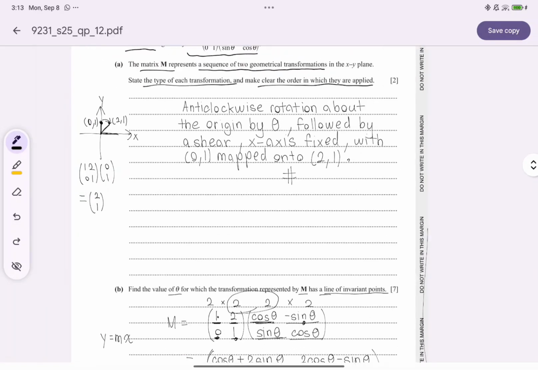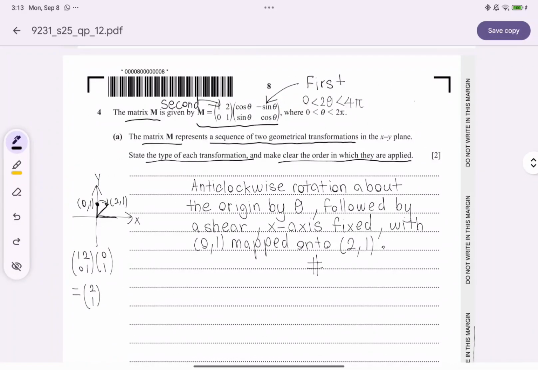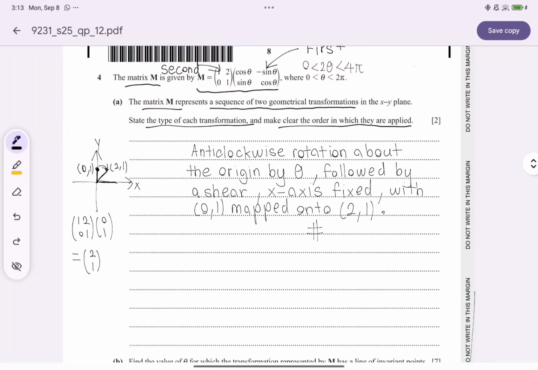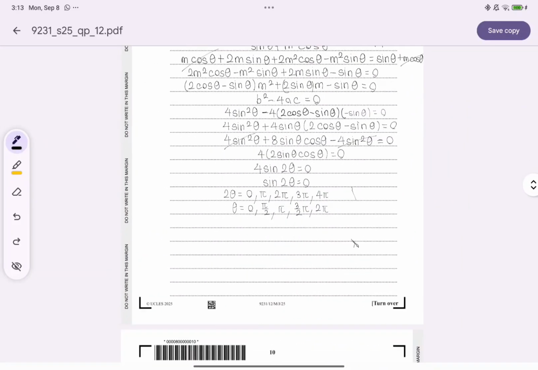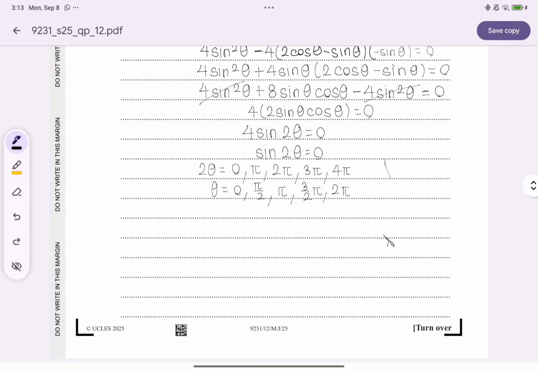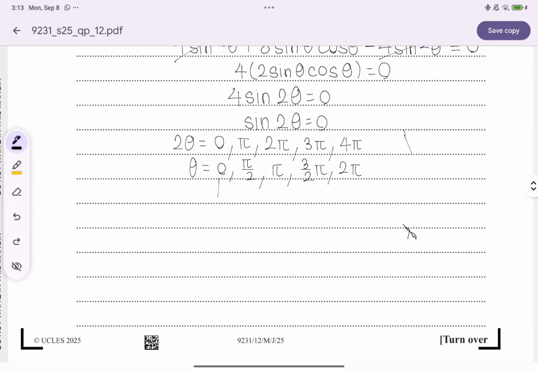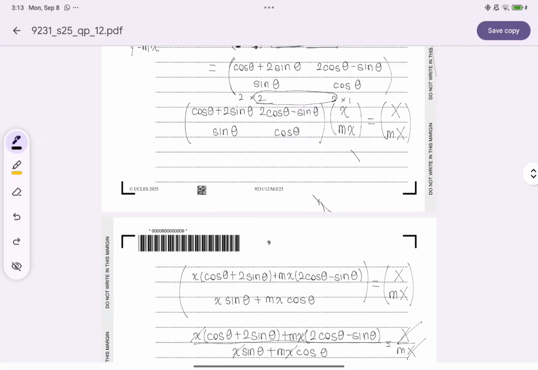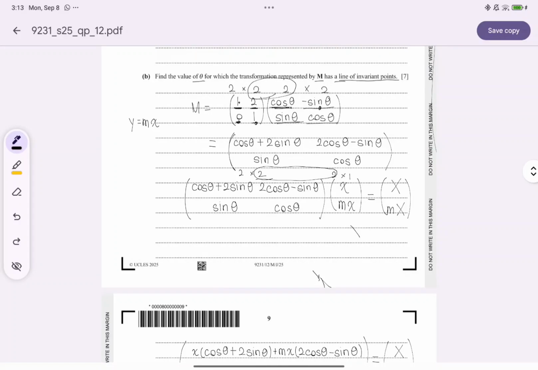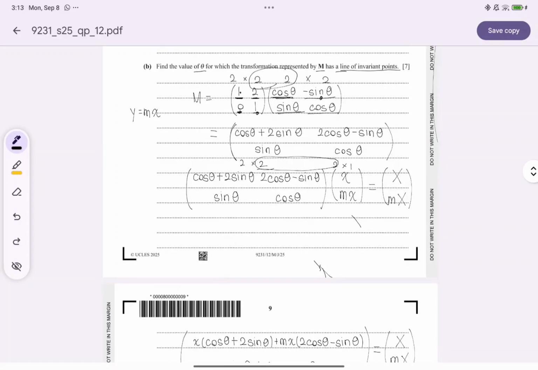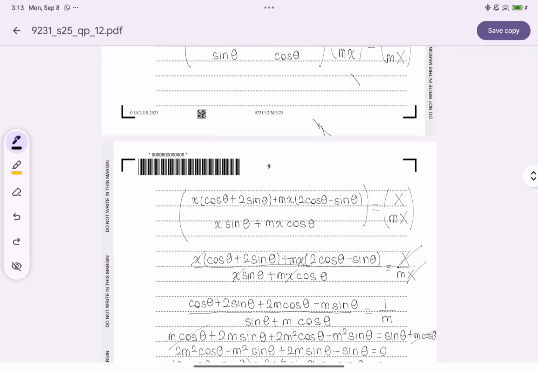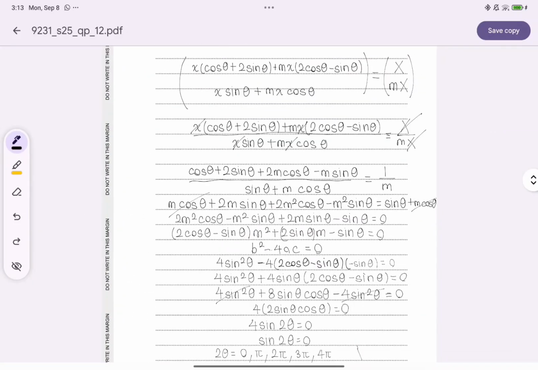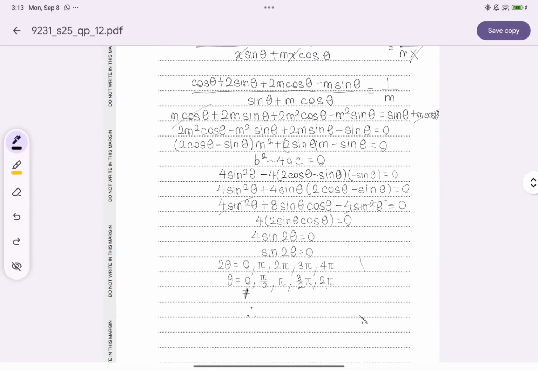So let's see which of these fit our criteria. So we have to reject 0 and 2 pi immediately. Okay, let's see if cosine 2 pi is possible.